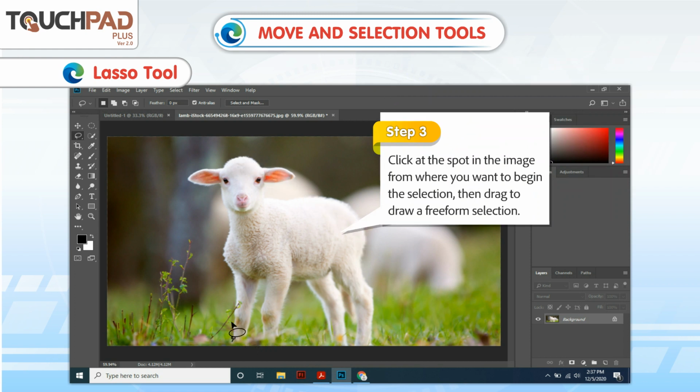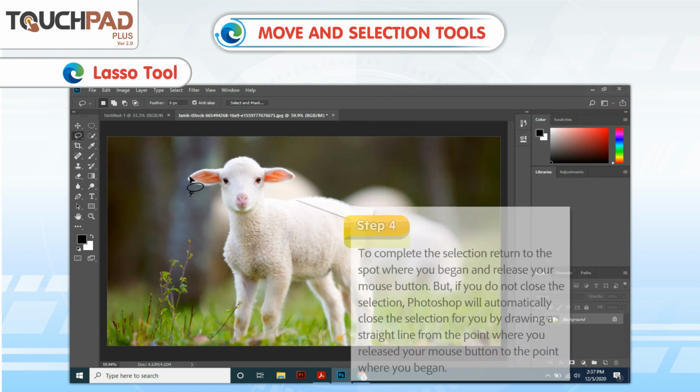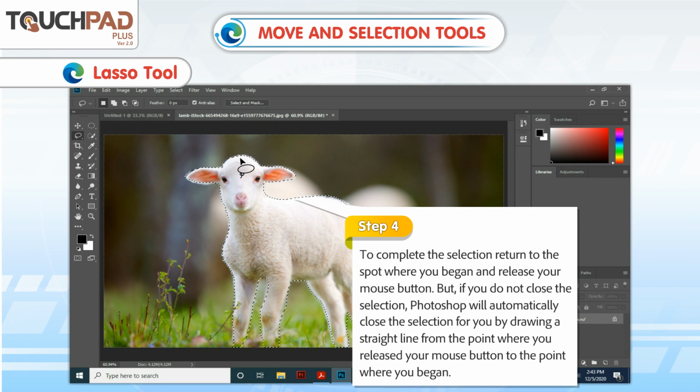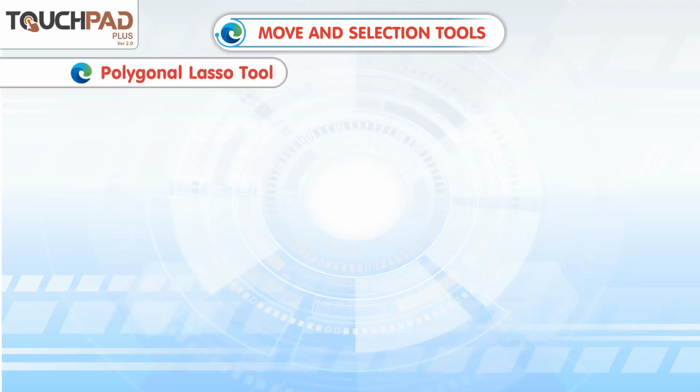Then drag to draw a free-form selection. Step 4. To complete the selection, return to the spot where you began and release your mouse button. But if you do not close the selection, Photoshop will automatically close the selection for you by drawing a straight line from the point where you released your mouse button to the point where you began.